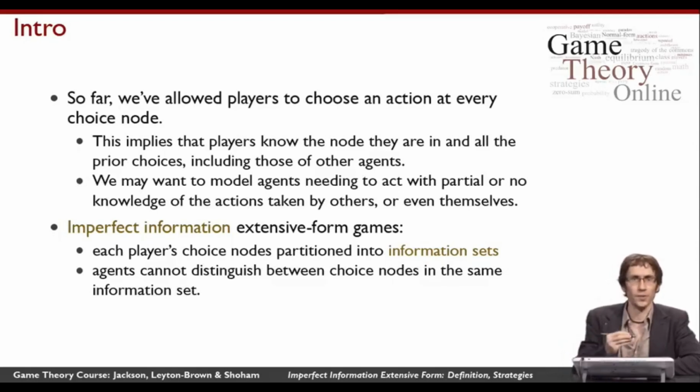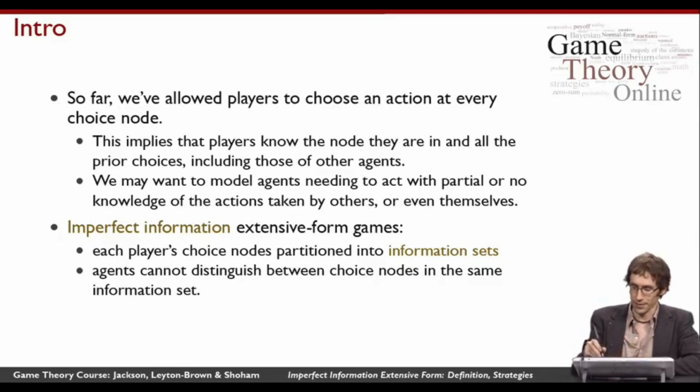So there are some choice nodes that a player isn't able to tell apart. That means they're not able to completely figure out the history of where they are in the tree, because they're not going to know which of several choice nodes they're at when they have to take a choice.